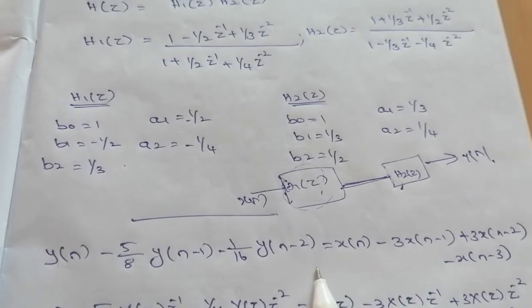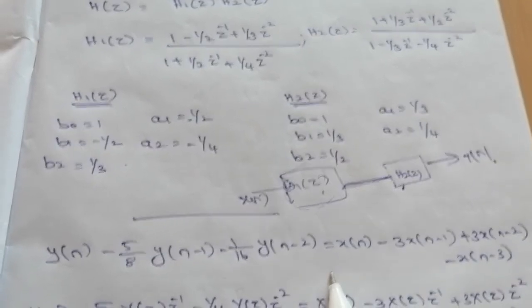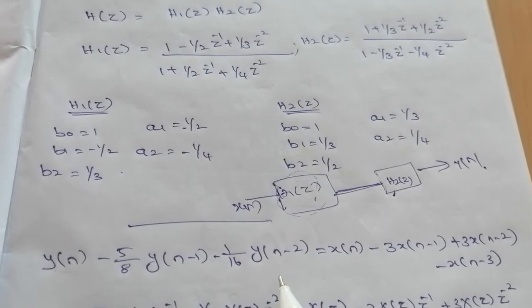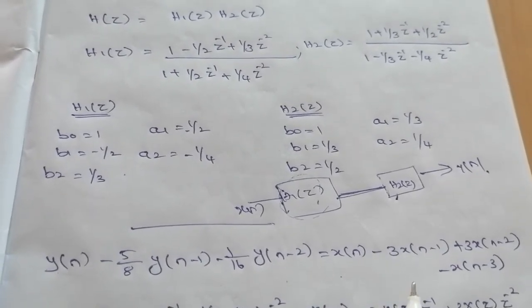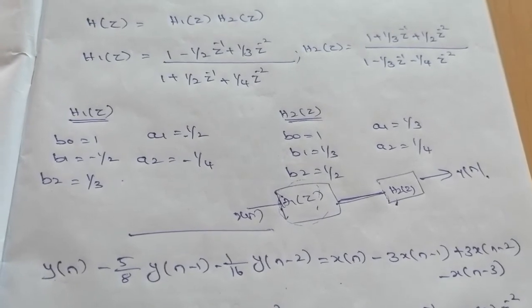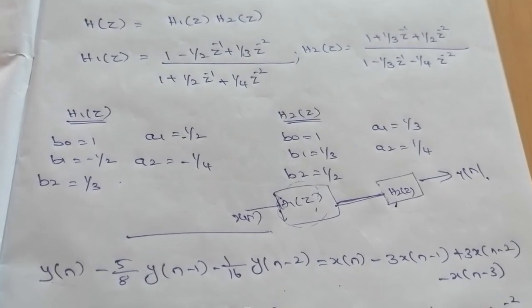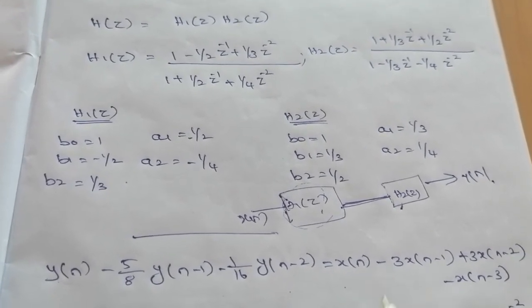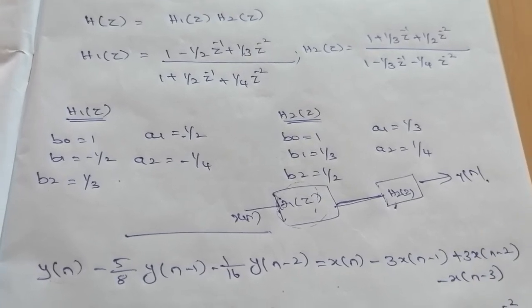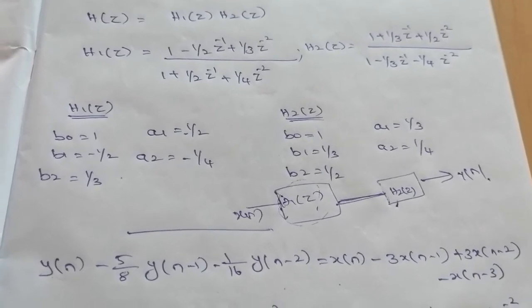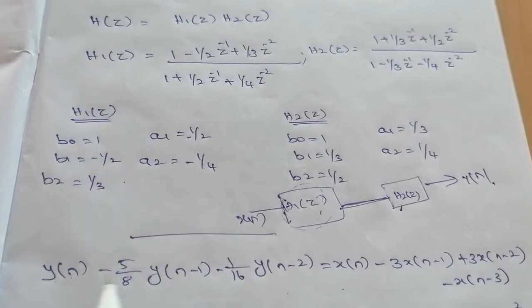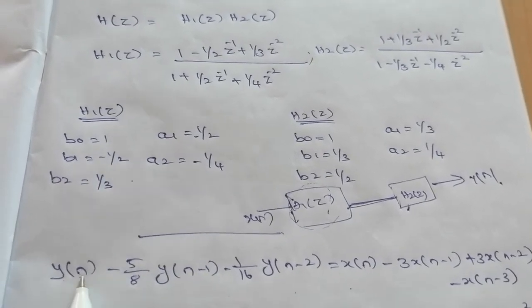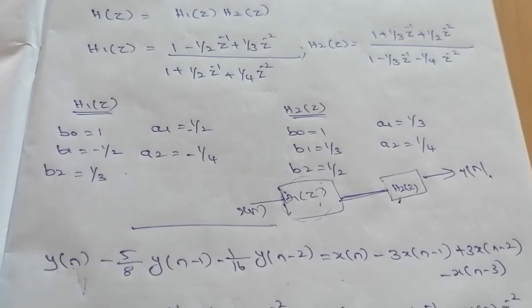So for this IIR structure realization, we have the general equation, that is H of z equal to b0 plus b1 z power minus 1 up to bn z power minus n divided by 1 plus a1 up to am into z power minus m, right? But here the given equation is in terms of n. So first you have to change this n into z power minus 1.